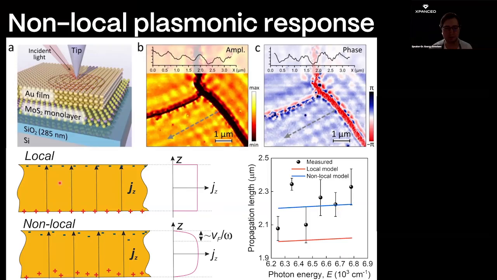And the reason for that is that in these atomically thin films, we have a non-local response, so that charge is distributed over the screening layer, and because of that the current decreases, and because of the decrease of the current, the ohmic losses decrease, and the plasmons propagate further.